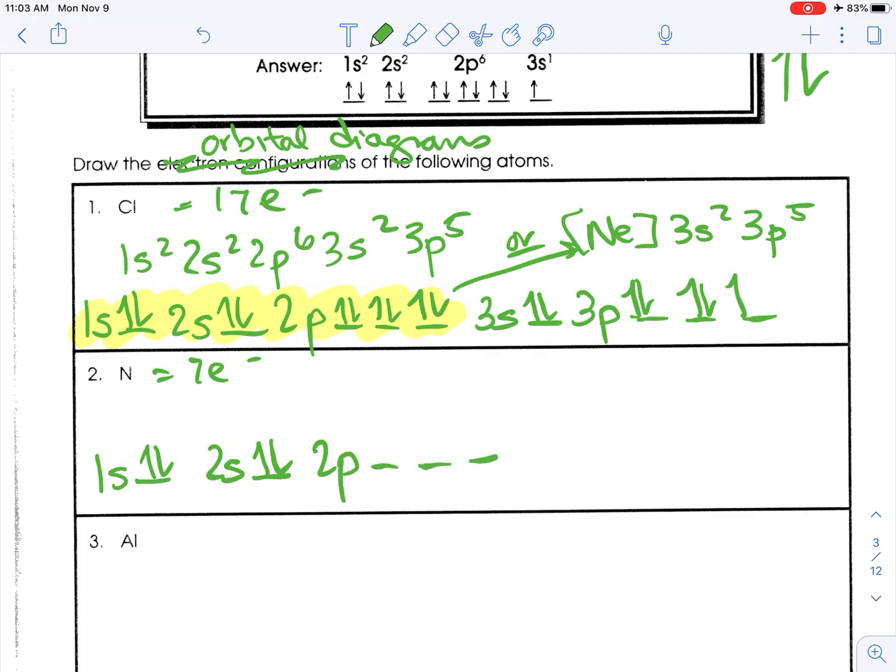Fill in all 3. 1, 2, 3, 4, 5, 6, 7. You could not double them up until they're all filled halfway. That's called Hund's rule. So that's our orbital diagram. 1s2, 2s2, 2p3. I suppose you could substitute in helium for this, but that's not really a time-saving measure, so I'm just going to get rid of that.